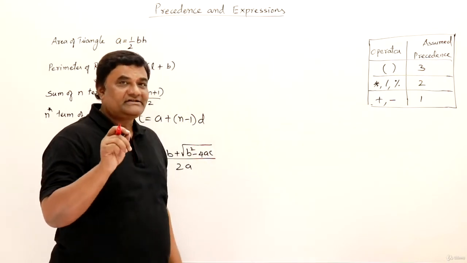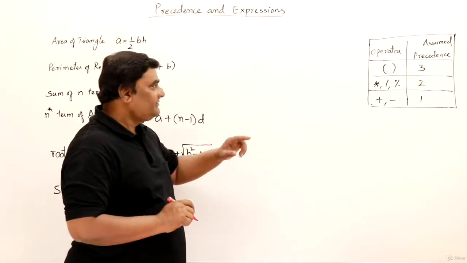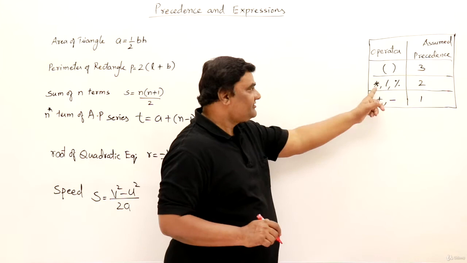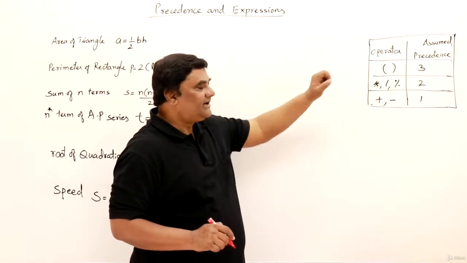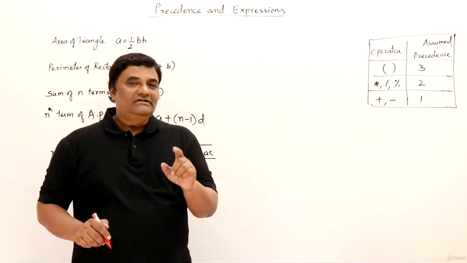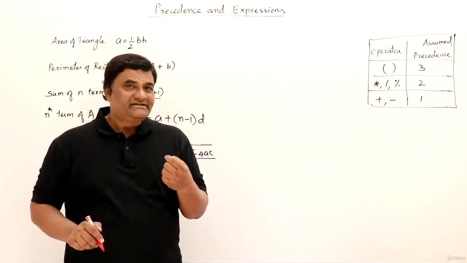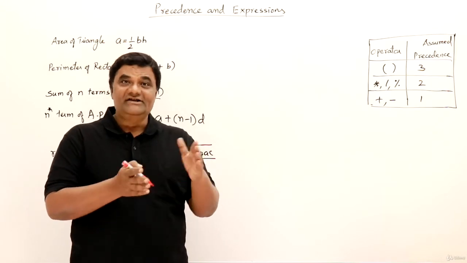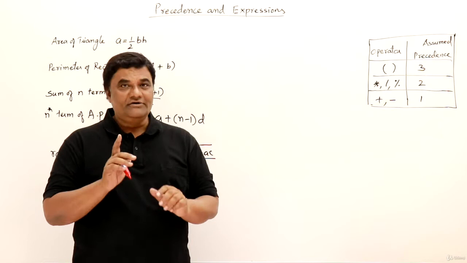We have already studied arithmetic operators in the previous video. Those arithmetic operators are addition, subtraction, multiplication, division and mod. Along with that, I have also taken brackets here. Now, there is something called precedence of operators. Precedence means the priority, weightage, higher weightage. So there is higher or lower precedence of operators.